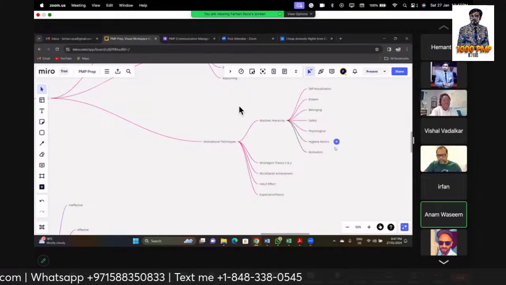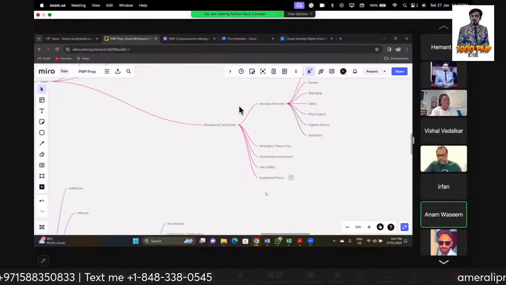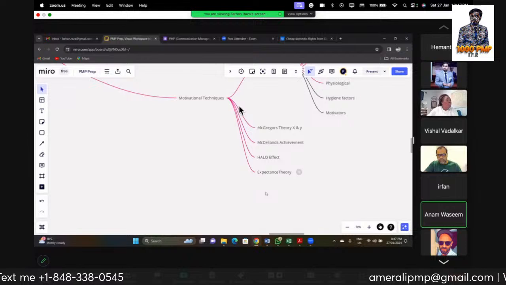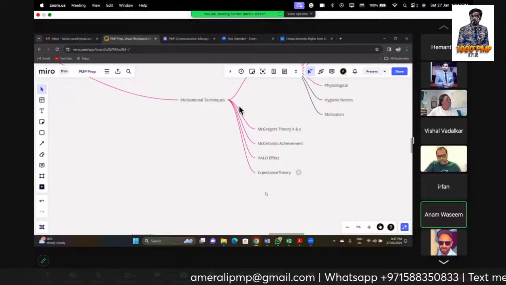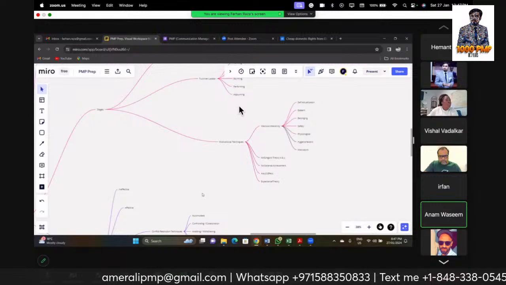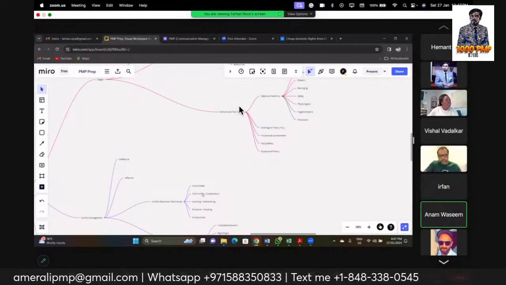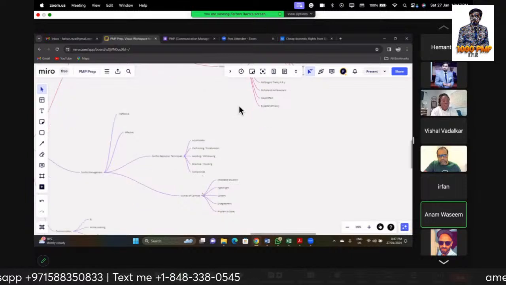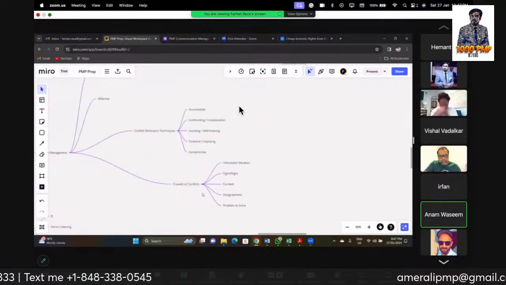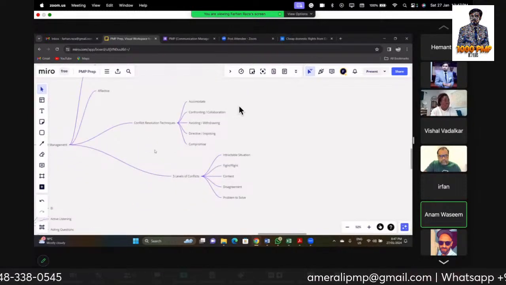We also had theory X and theory Y, McClelland's achievement, halo effect, and expectancy theory. They all have their different definitions and explanations.